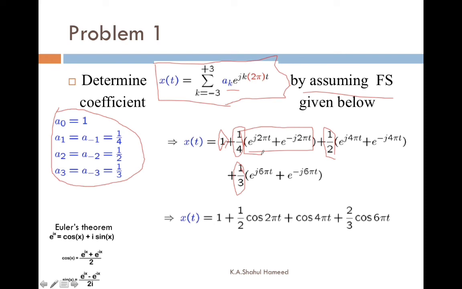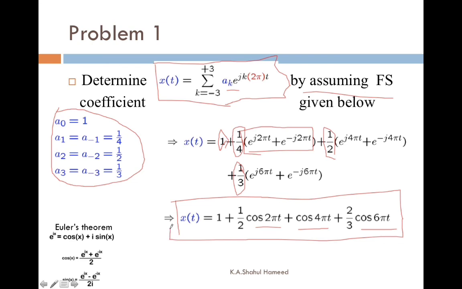Here, of course, all are added, not subtracted, hence all can be reduced into cos waveforms. So x of t can be written like 1 by 2 cos 2 pi t plus cos 4 pi t plus 2 by 3 cos 6 pi t. So this is the synthesis equation for the given Fourier series coefficients. This is a simple problem.